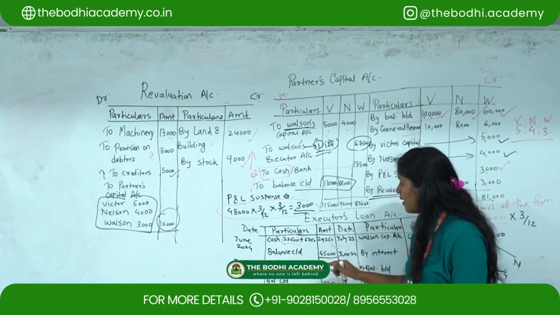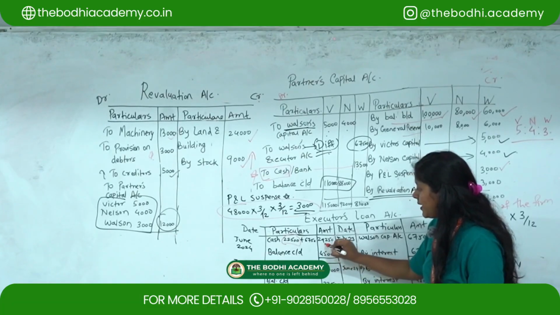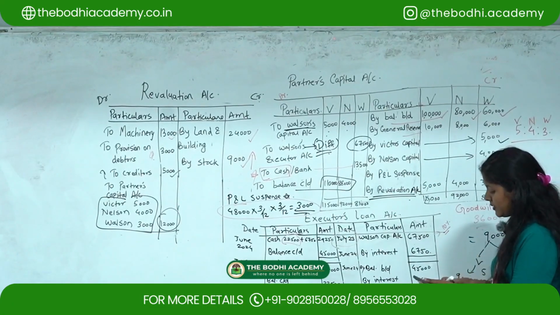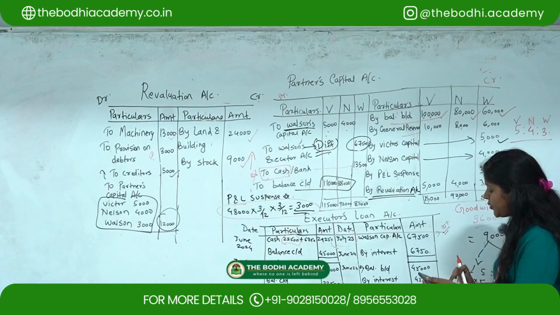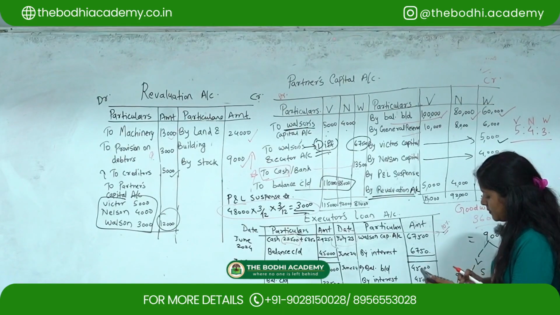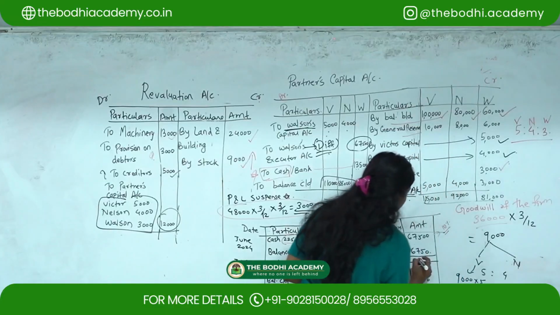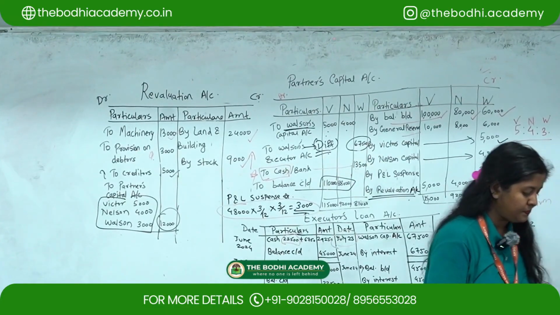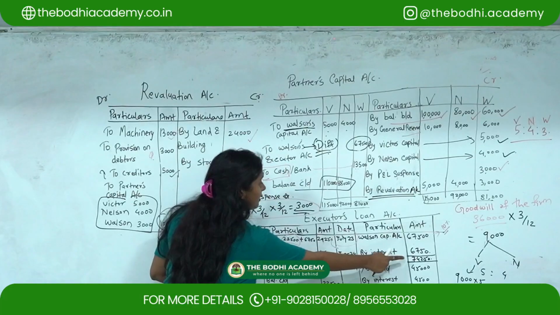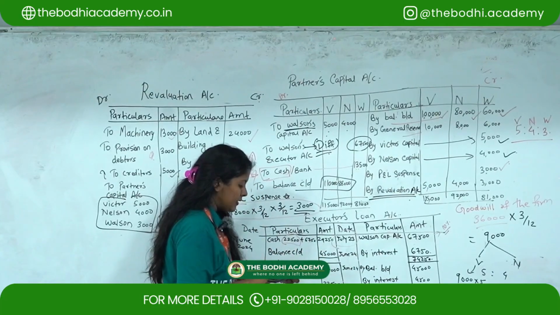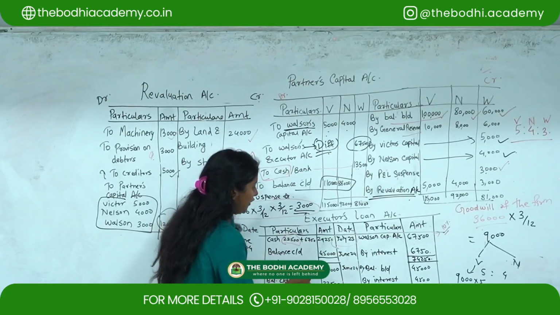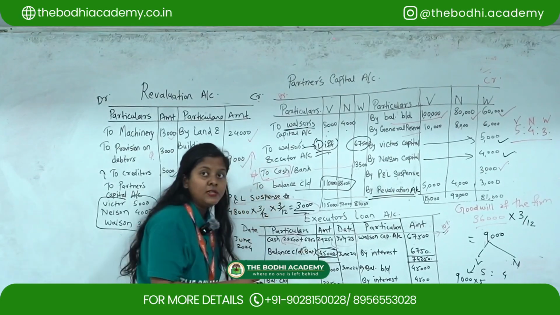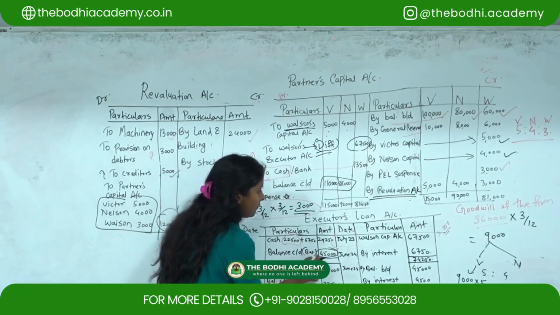Okay, so that's why we got it as 29,250. Then you have to total both the sides, and both the sides should be equal. So here I am getting 74,250. Then this minus 29,250, you will get 45,000. So this is the balancing figure. Okay, so if you see, this is the balancing figure, 45,000.